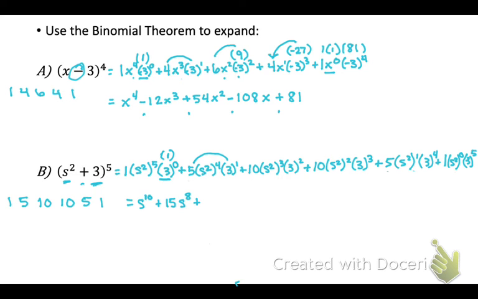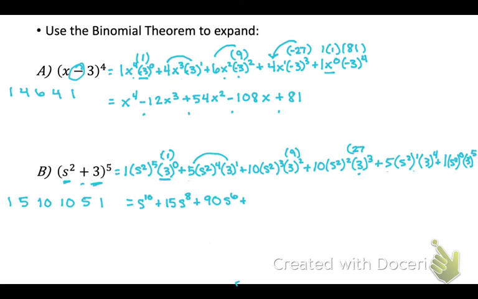Plus, what do I do first? 10 times 3 squared. Okay, so 3 squared is 9, so it's going to be 90 s to the 6th. Plus, what's 270?